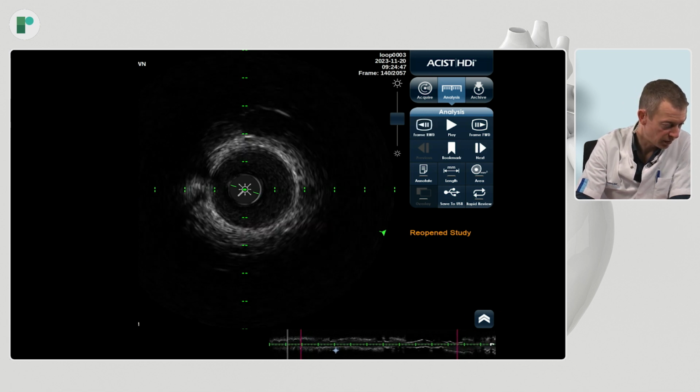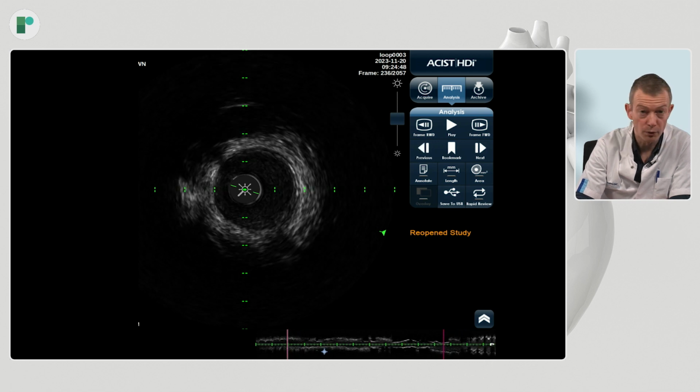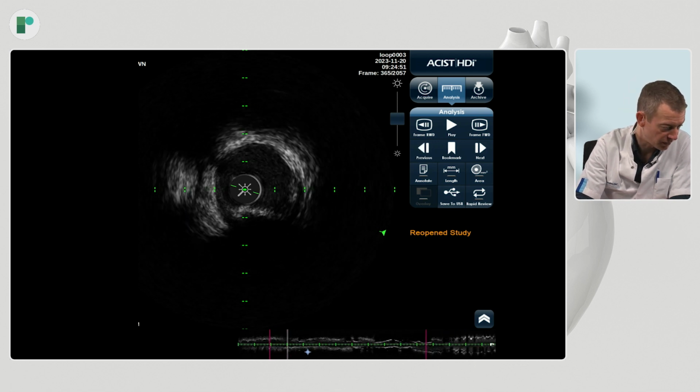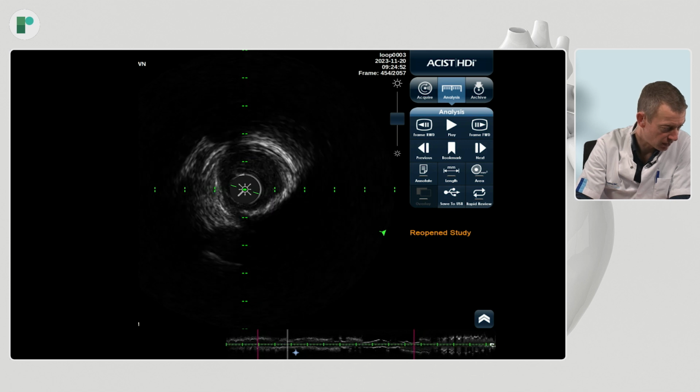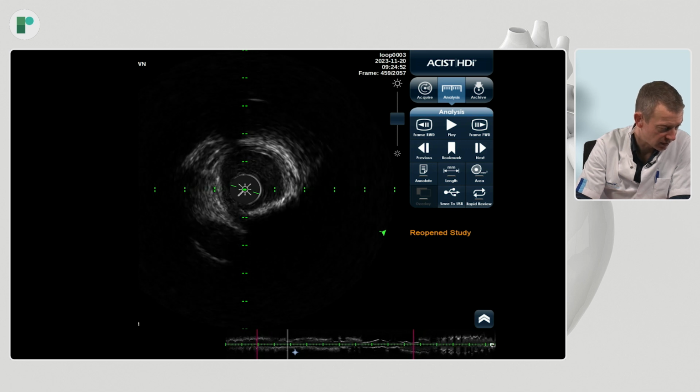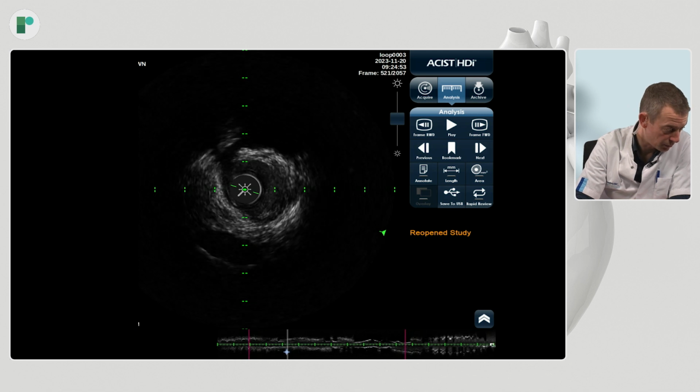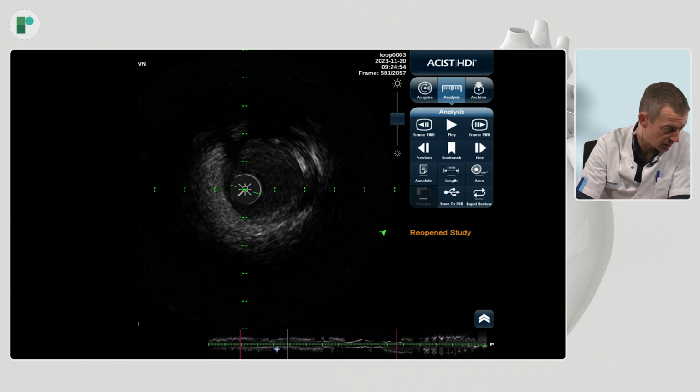I'm going to take you to the bifurcation, because we know that the MLA was proximal to the bifurcation. There's still one wire, and there you see at 7 o'clock the side branch coming up.